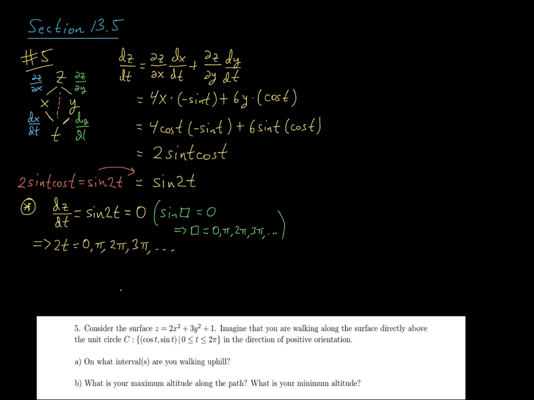And then for t itself, we'll divide through by 2, and we get that t can be 0, pi over 2, pi, 3 pi over 2, and then I'm going to stop here at 2 pi, because again my interval for t is restricted from 0 to 2 pi.